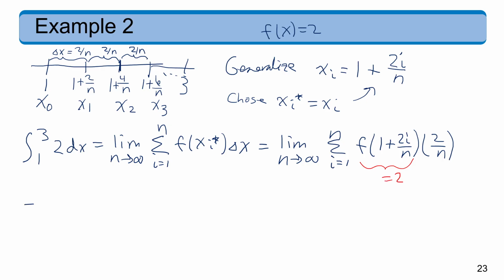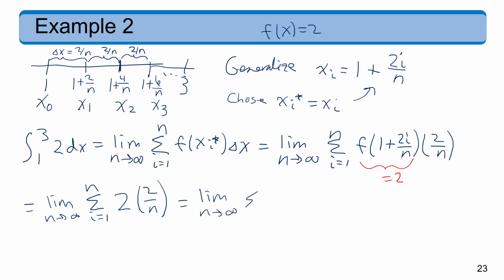So in our next step, we keep our limit sign, we keep our sum, then we have 2 times 2 over n. And then the next obvious simplification is to do the 2 times 2, which is 4. So let's keep our limit sign and our sigma. And then we have 4 over n.